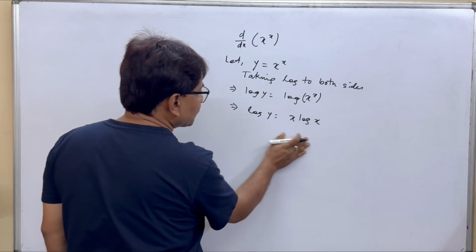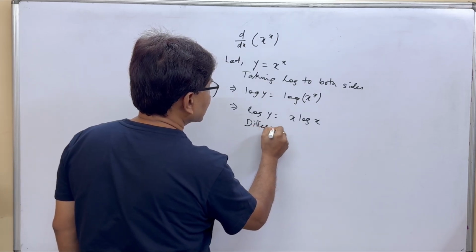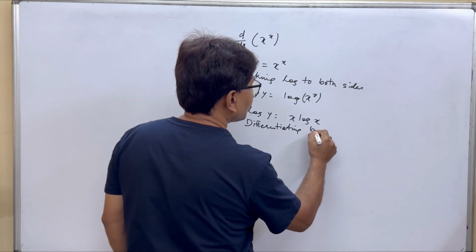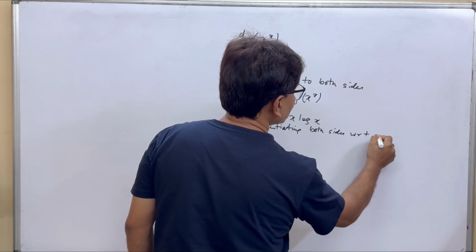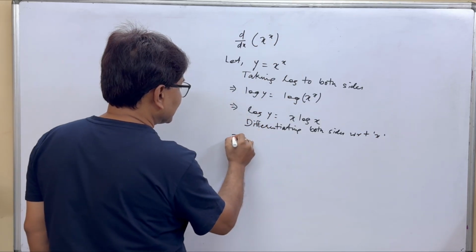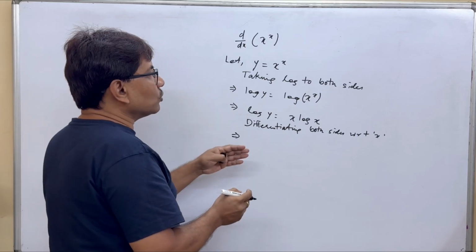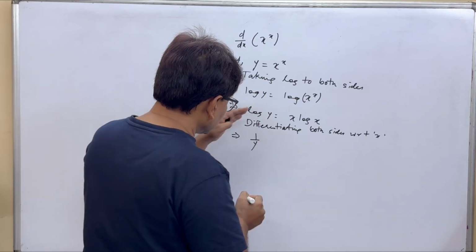Now differentiating both sides with respect to x, what you can say? d/dx of log x, we know, is 1 by x, so d/dx of log y is 1 by y.